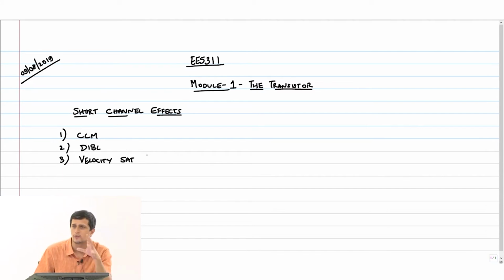So we modified the equation and we got to the level 1 SPICE model, right? We derived that and got all the technology parameters out, the 5 parameters, right?